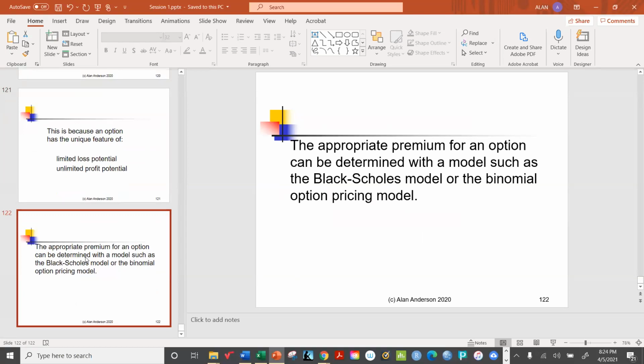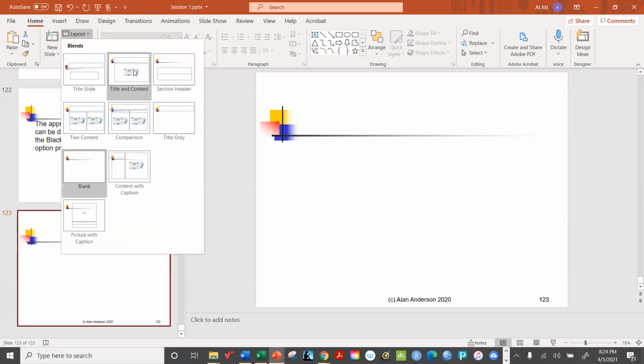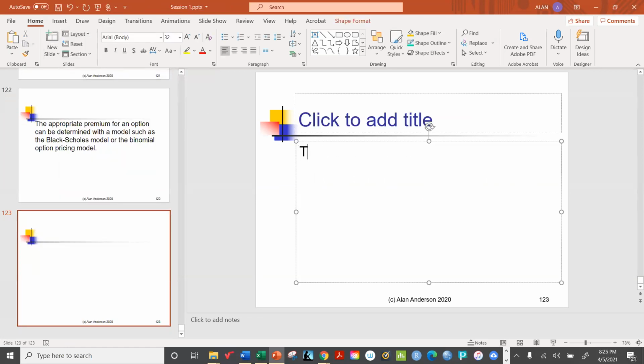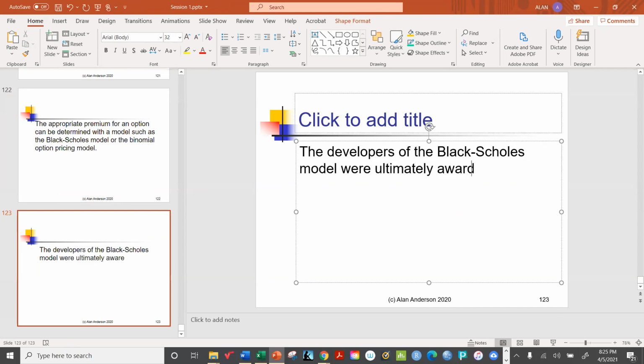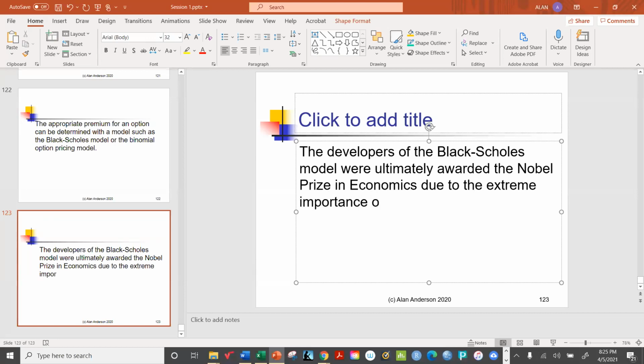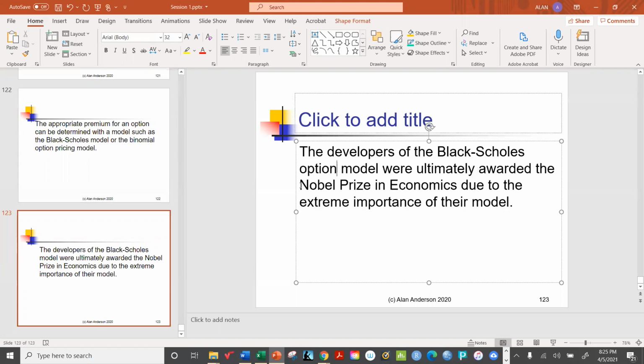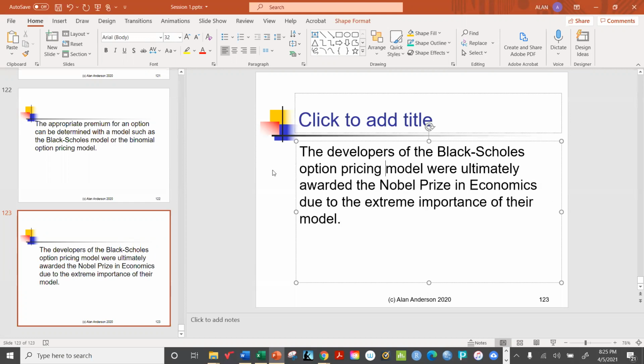And this Black-Scholes model turned out to be so important and so valuable that the developers of the Black-Scholes option pricing model were ultimately awarded the Nobel Prize in economics due to the extreme importance of their model.